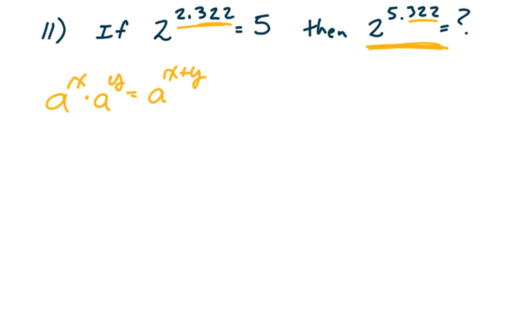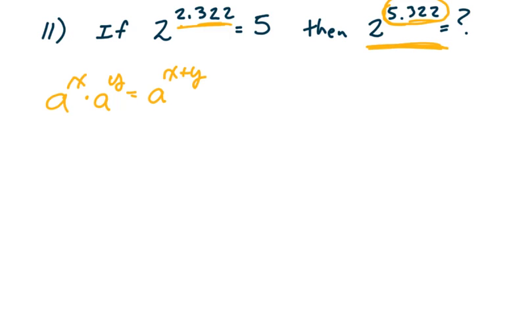So maybe I can make this 5.322 into a combination of 2.322 and some other number. I think you can guess what that number is. So we're going to use that property.